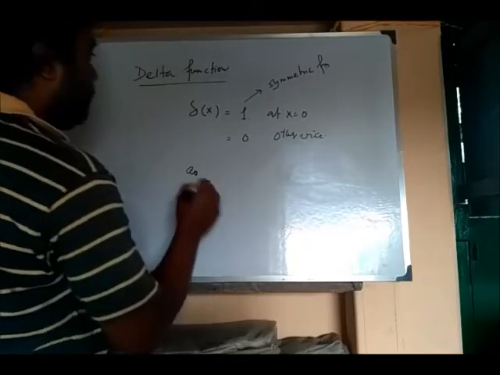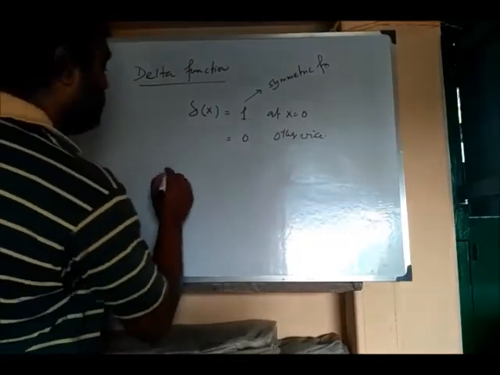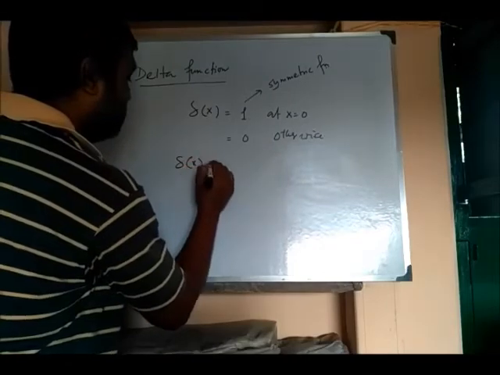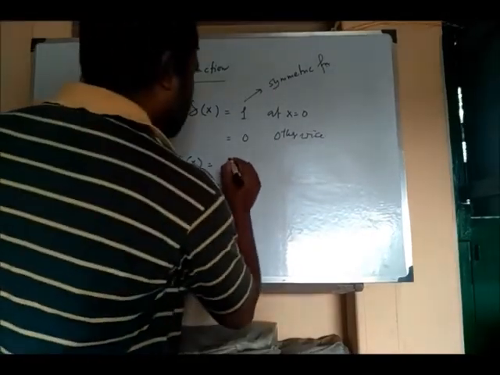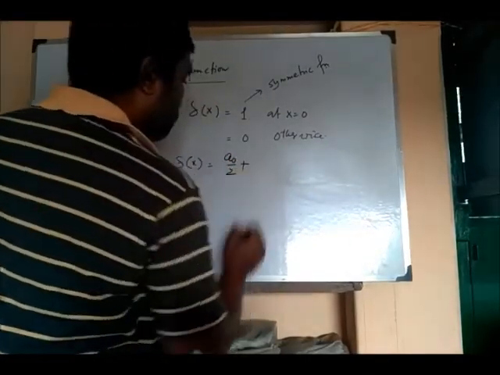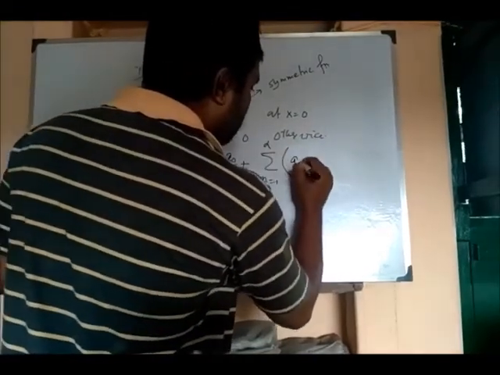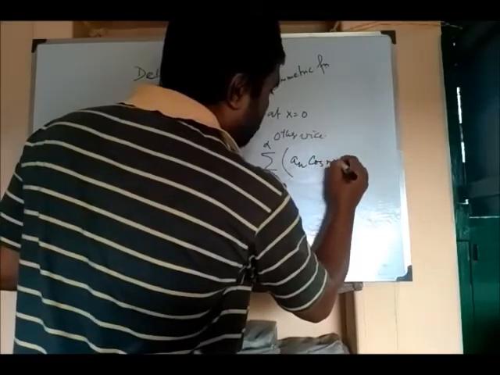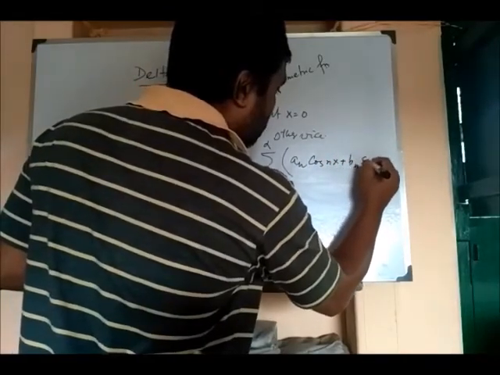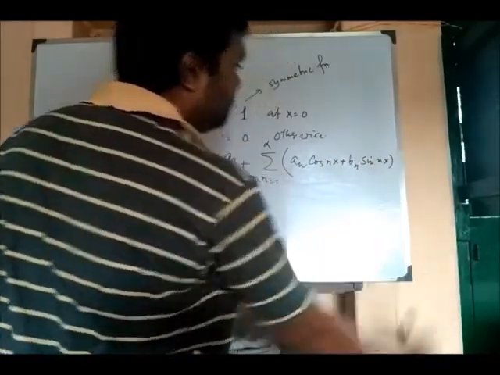First let us write this delta function in terms of Fourier series. So this will be a0 by 2 plus sum of n equal to 1 to infinity an cos nx plus bn sin nx.